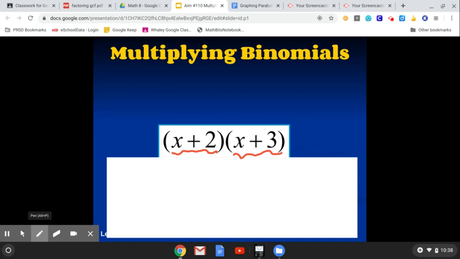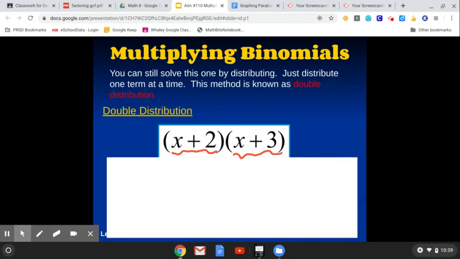And believe it or not, we're still going to be distributing. It's just that since there are two terms in the first thing that we're going to multiply, we're going to call this double distribution. Okay, we're going to be distributing twice here. So we're actually going to take our x and multiply it by that whole term there, then take our 2 and multiply it by that whole term there.